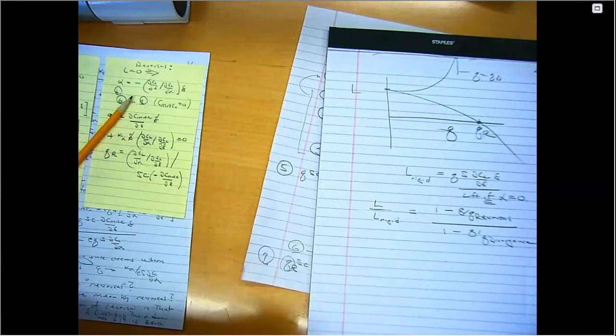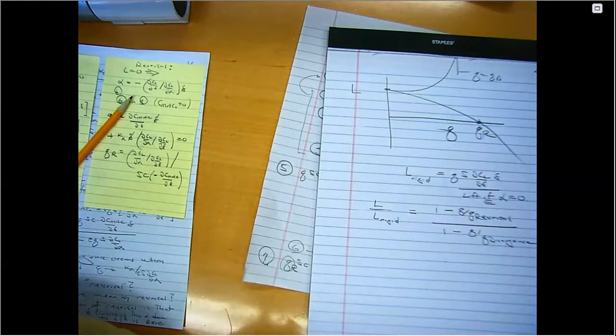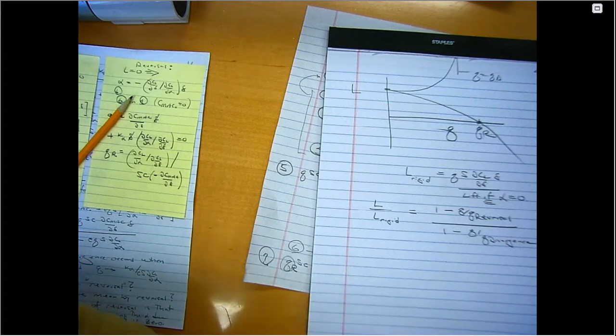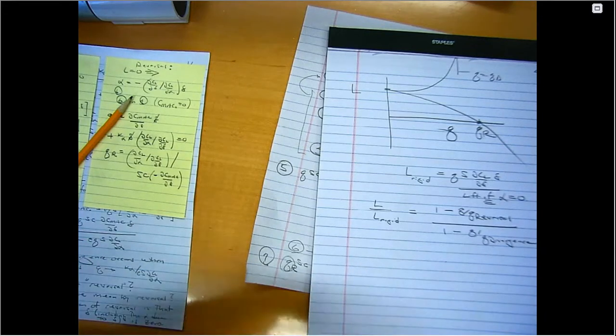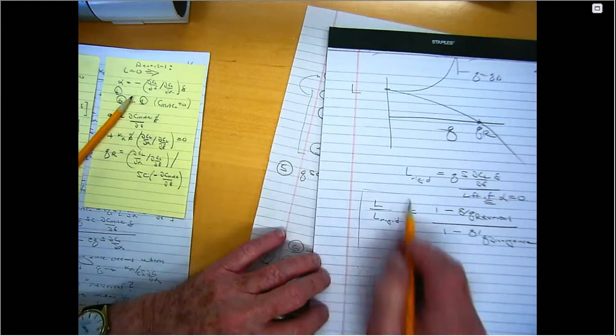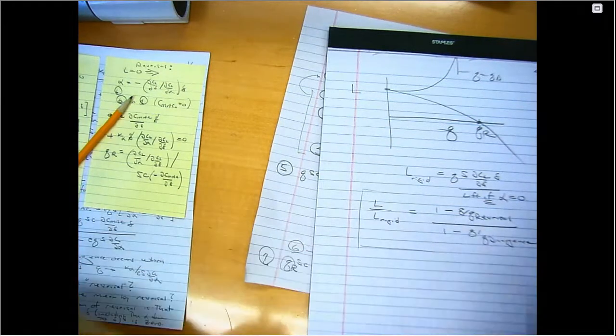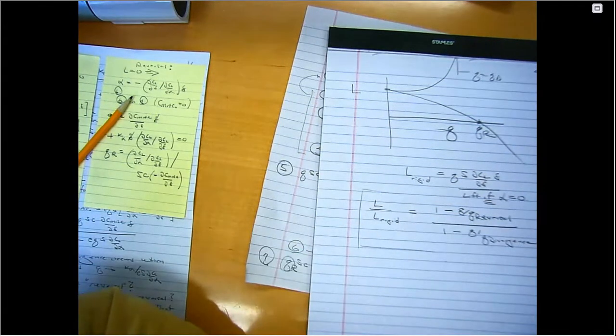So typically, people are interested in computing Q divergence and Q reversal, maybe even using some fairly simple model right away. Which one's really an issue? Sometimes it depends on the airplane design. Sometimes reversal is more of an issue. Sometimes divergence is more of an issue. So you want to be aware of both possibilities. And this formula, which only comes out of our simple model, guess what?